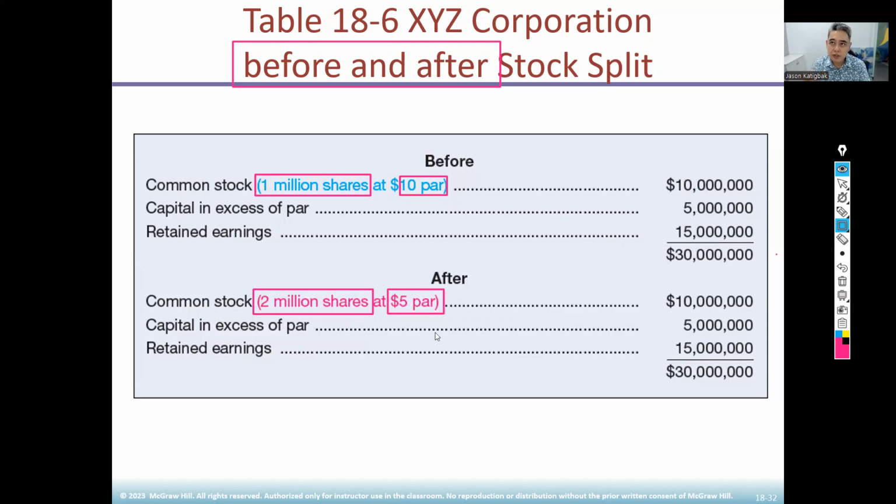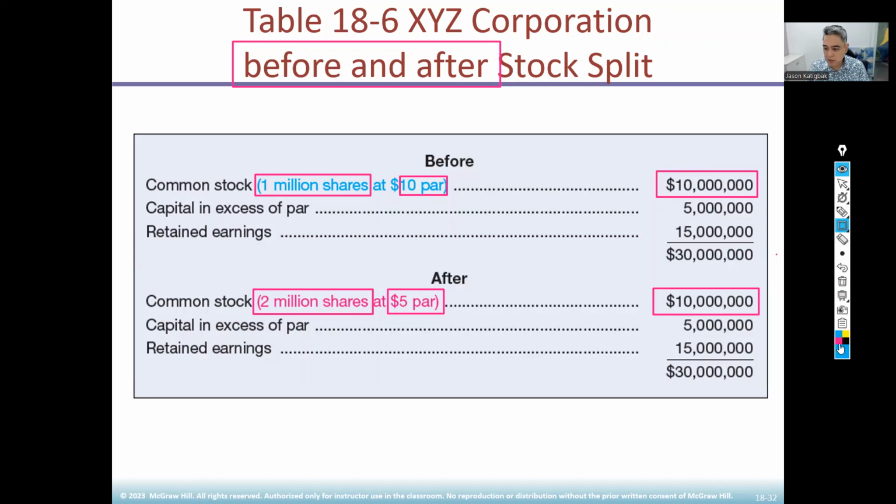So what's the easiest way to understand the stock split? Your common stock would be the same. Remember, on the stock dividend, it increased, because the par value never changed. But on the stock split, the par value actually changed. It became diluted by the proportionate change in the number of shares.